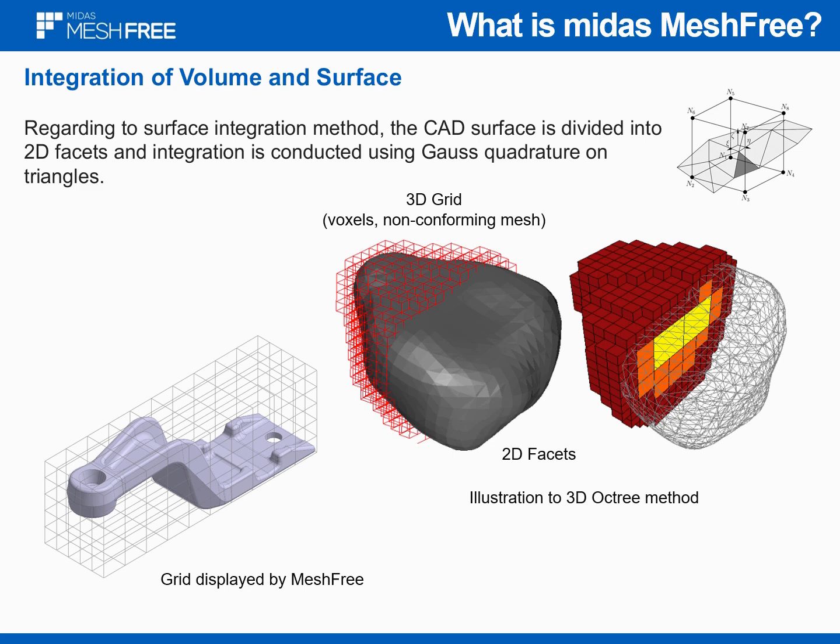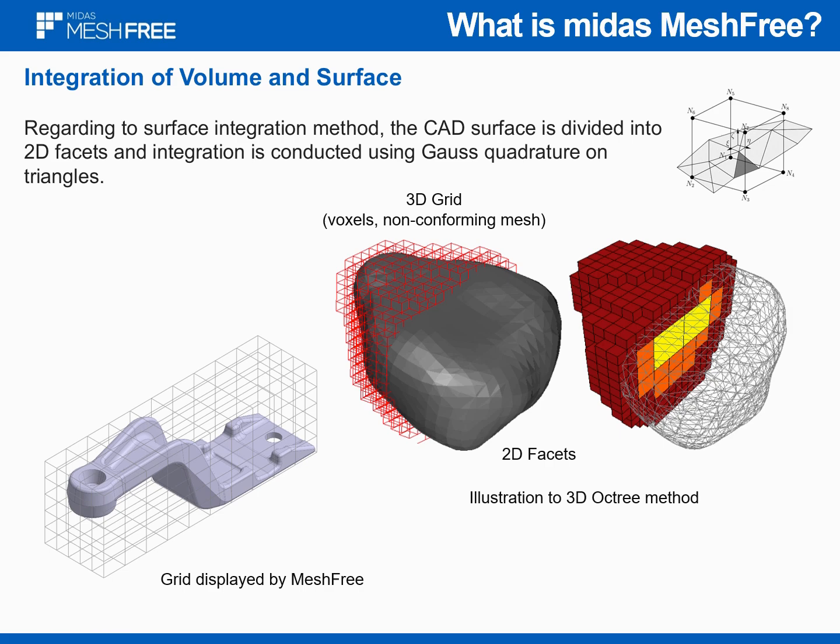The grid displayed by MeshFree is presented on the left. So we cannot see voxels directly. We cannot see the facets. The reason is we want to avoid excessive density of the blocks to assure good visibility of the mesh and geometry itself.